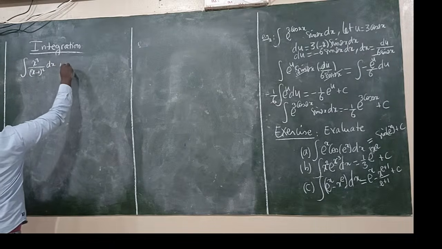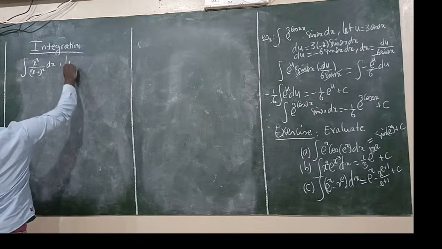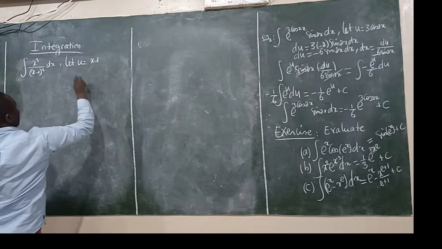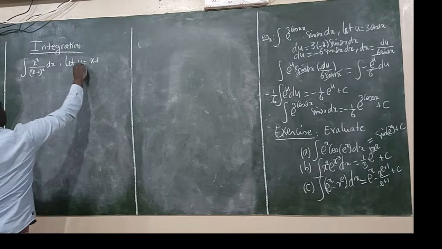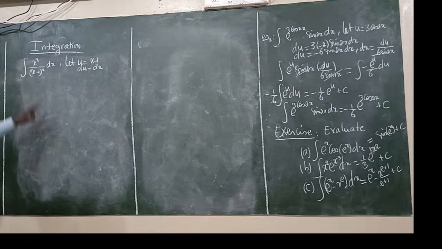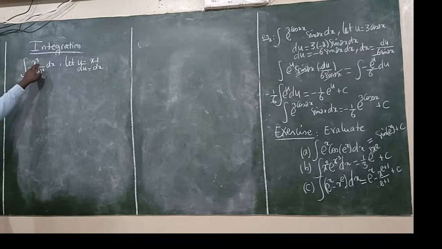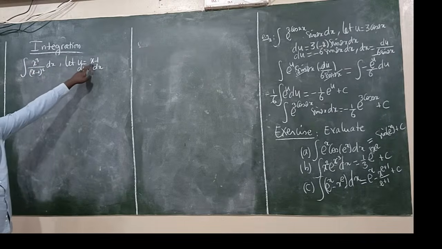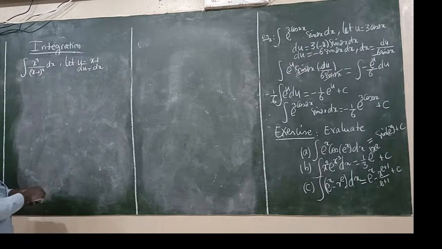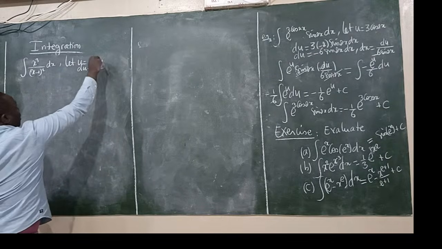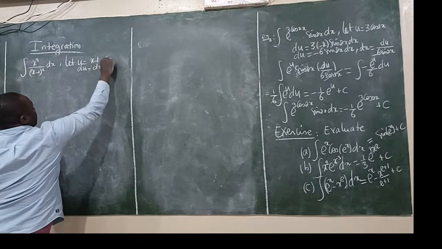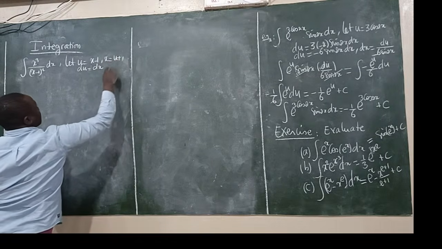Now we have, let u be x minus 1, du will be the same as dx. Because here we have x power 3, we need to express x in terms of u. That's why, as u is x minus 1, our x will be u plus 1.